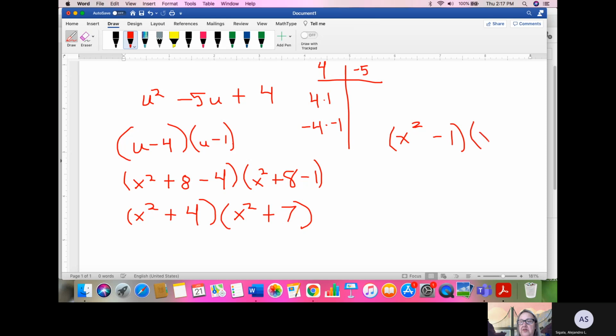If you got to this, because I've seen ones come up like this, then you would have to go further. So this factors into x plus 1 times x minus 1. Does that make sense? Yeah, that makes sense. And this one factors into x plus 3 times x minus 3. Does that make sense? Yes. So then you would have to go further.